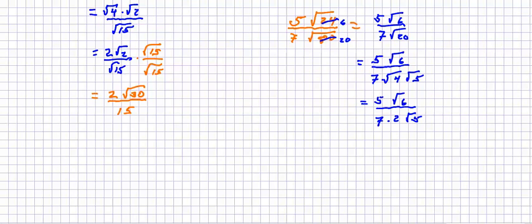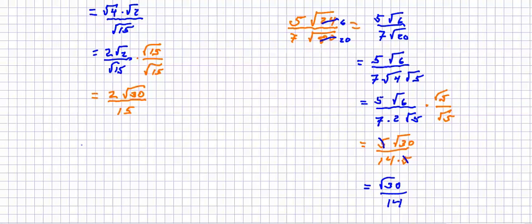Now we multiply top and bottom by the square root of 5. And again, we need to show all our work. So I have 5 times the square root of 30 over 14, 7 times 2. Square root of 5 times square root of 5 is 5. And lucky us, the 5's cancel, and we end up with square root of 30 over 14.